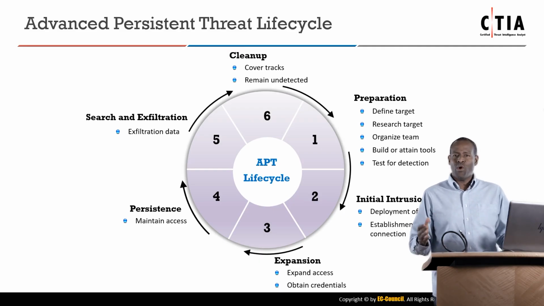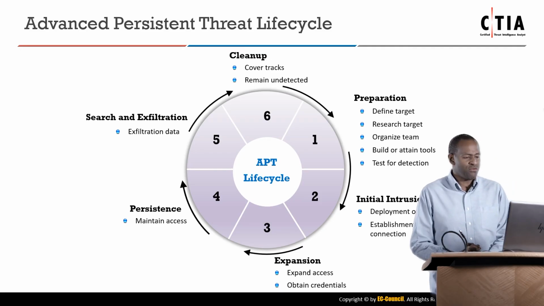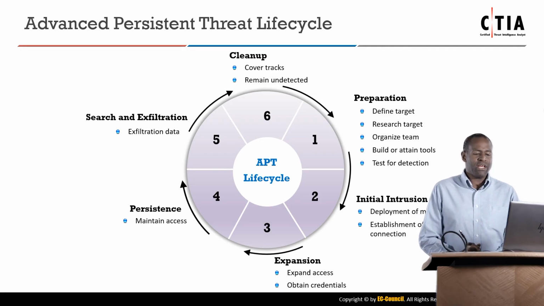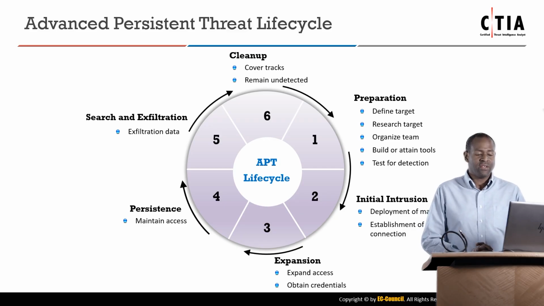So, you have an APT. What is the life cycle of an advanced persistent threat? Let's start with number one. Number one is preparation. So the attacker is, number one, going to define the target.